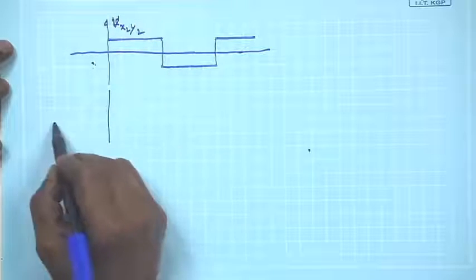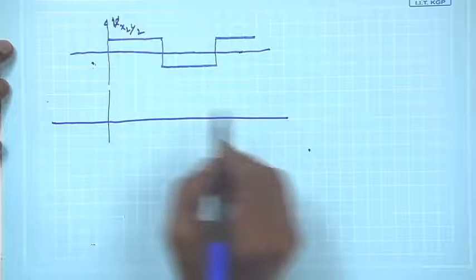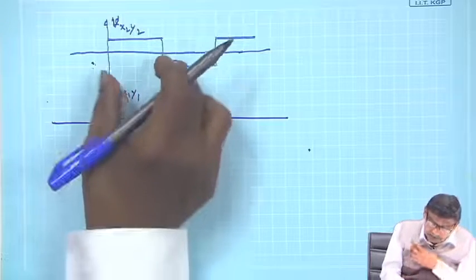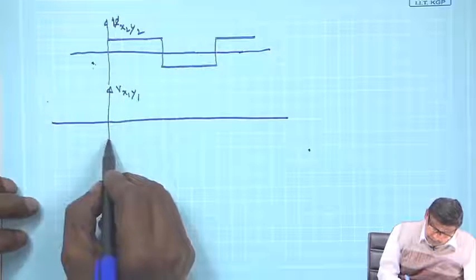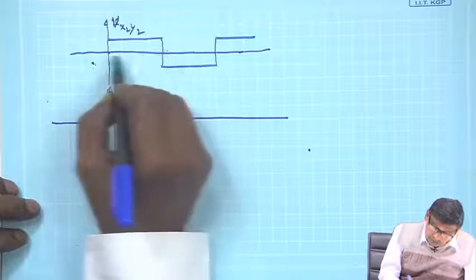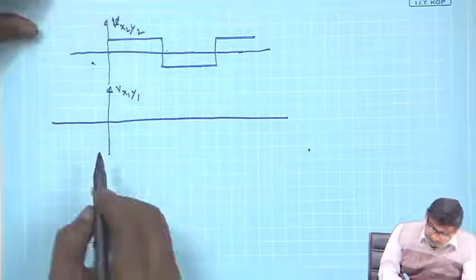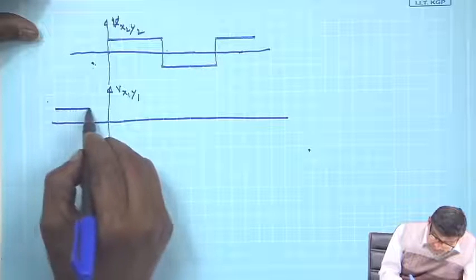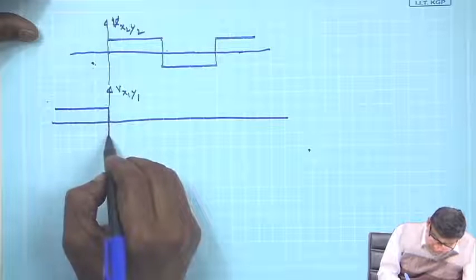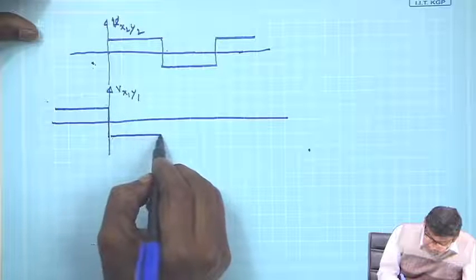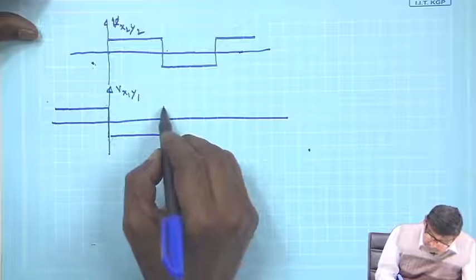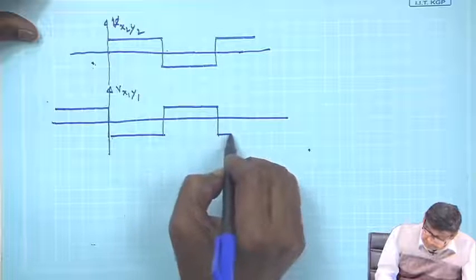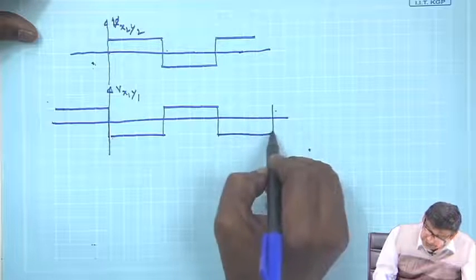Then V x 1 y 1 will be lagging this by one pole apart, and that will be like this. Just in phase opposition it will be.